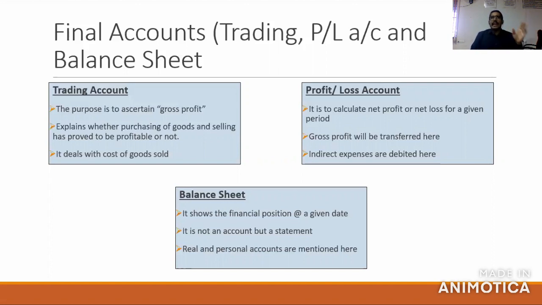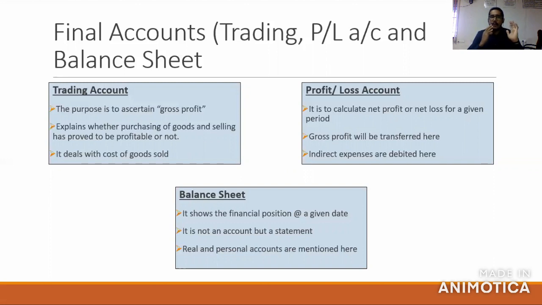In a nutshell, direct expense means expenses related with the factory. We'll be talking about power, fuel, electricity charges, wages. And when it comes to profit and loss account, all the indirect expenses, it may be carriage outwards or insurance, salaries paid, rent, all those things come under profit and loss account.